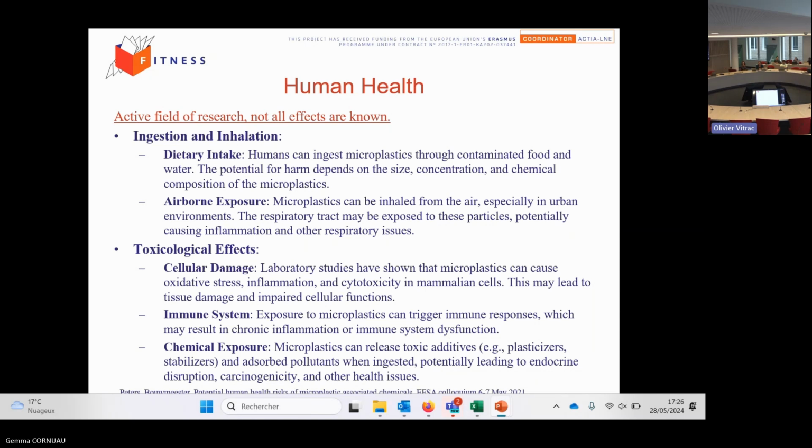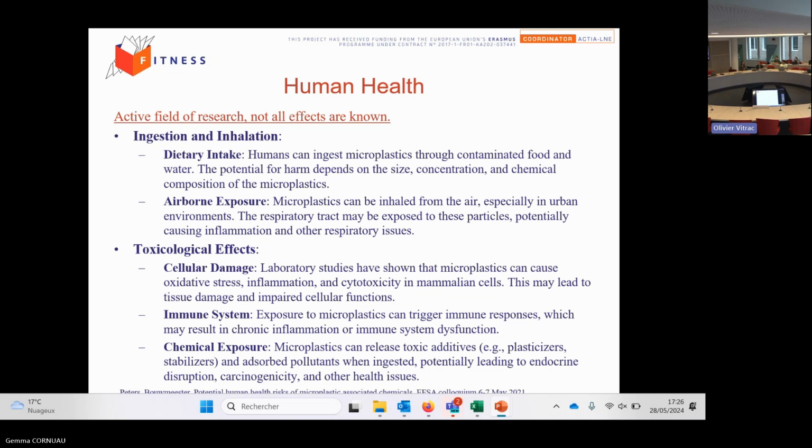Then the toxicological effects were analyzed on exposure, for example, of human cells. There you have laboratory studies showing that you can have cell damage because of oxidative stresses, inflammation, and cytotoxicity in mammalian cells. And this then could be, when it is happening in a living organism, tissue damage and impaired cellular functions.